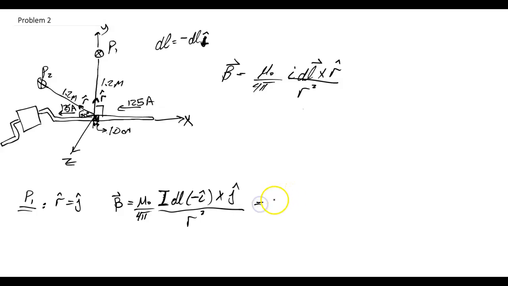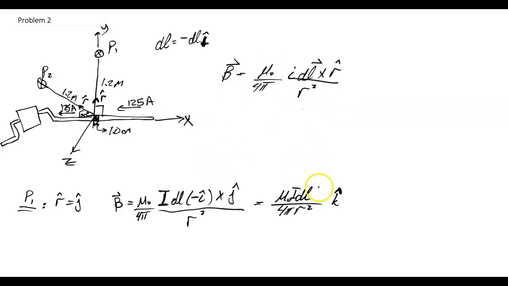This is going to give us mu naught dl I over 4 pi r squared, and minus I crossed with j will give us a minus k hat direction.